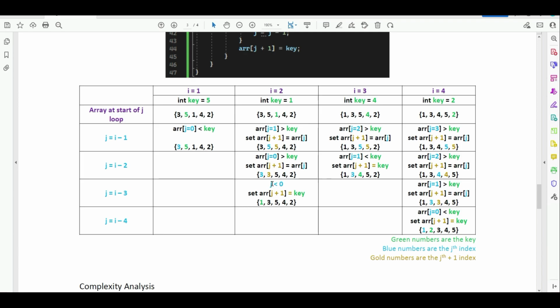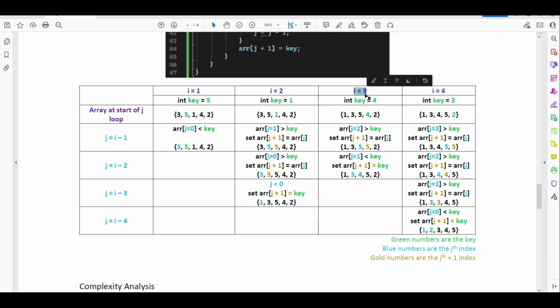And then we get to where j is less than 0, it's -1, so our j plus 1 is the 0th element. And so we set that equal to the key, which is this 1 here. So now we've taken these three elements and changed the order of them.